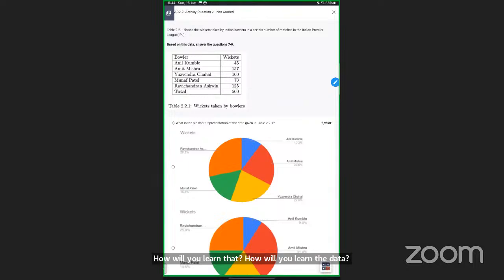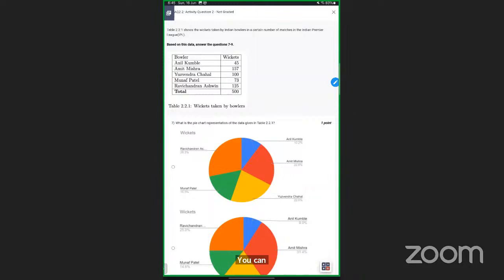How will you learn it across foundation to degree? You can check what is there in the curriculum, what is in diploma, then what is in degree. That's how you will learn it. You can go to the portal.